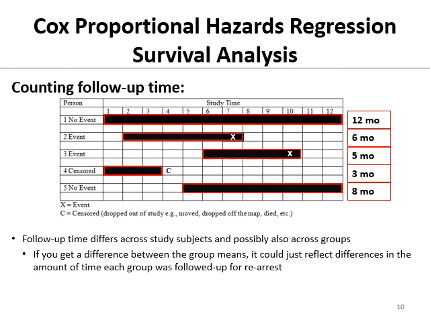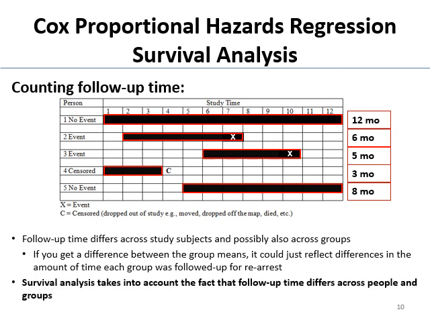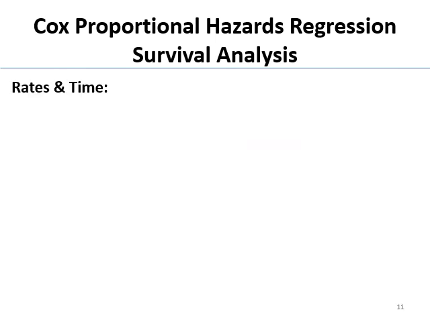But survival analysis takes into account how much time each person was followed up, and so the group rates are adjusted for that as well. So again, survival analysis takes into account the fact that follow-up time differs across people and groups and makes it not a problem.